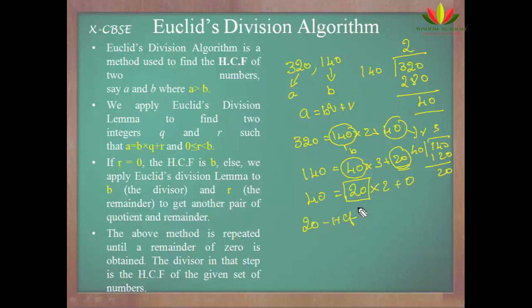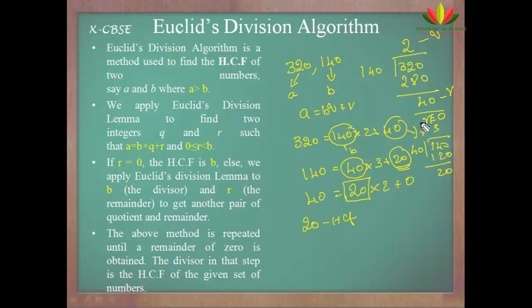You guys understand this? I will explain once again. If two numbers are given, to find the HCF, first take the largest number as A and the smallest number as B, and try to express in the form of A is equal to BQ plus R. For that I will divide and I will get my quotient and my remainder. So I will express 320 is equal to 140 into 2 plus 40. So I will check my remainder. Remainder is not equal to 0.